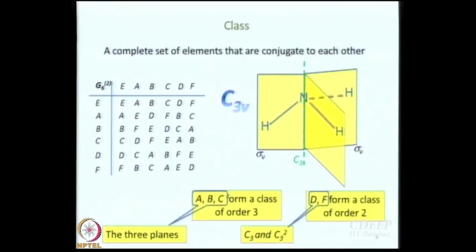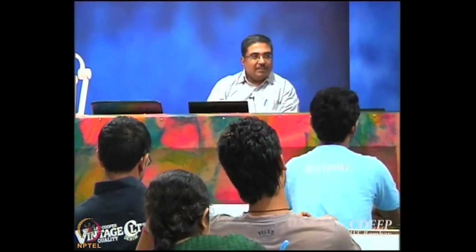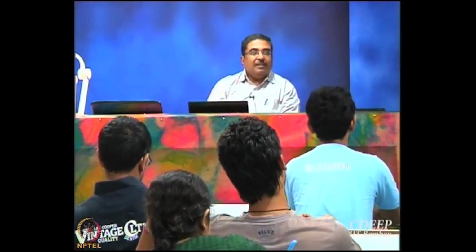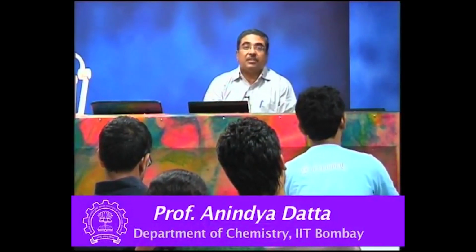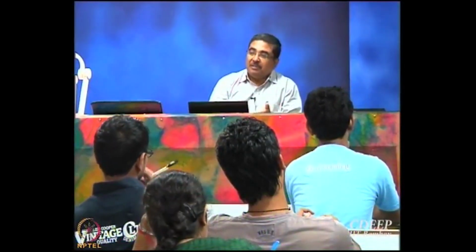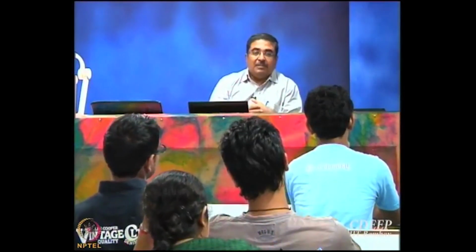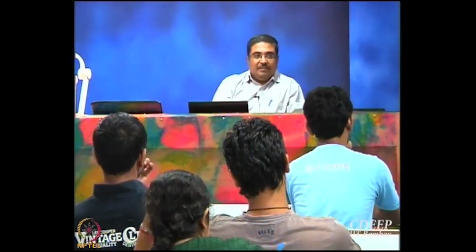And now we learn the most formal group theoretical definition, that symmetry operations or anything belong to the same class when they are similarity transformations of each other. Of course, this definition is not restricted to symmetry operations alone, it is true for anything. If you have a set of numbers in which you can do similarity transformations like this, they belong to the same class, all right.